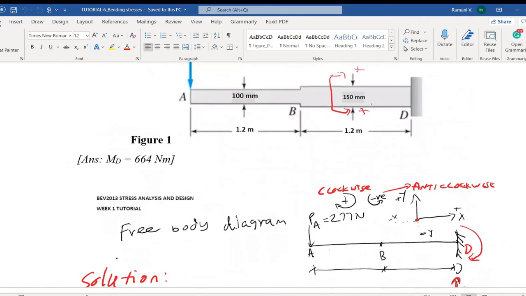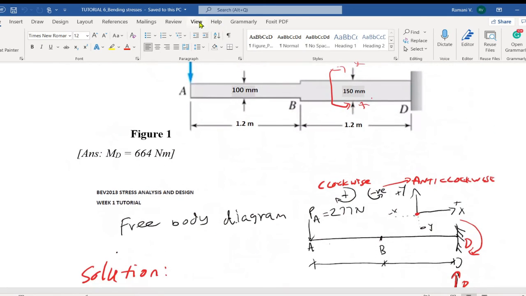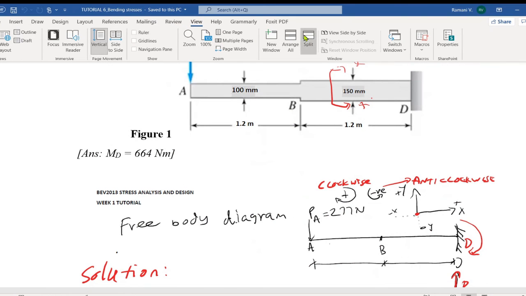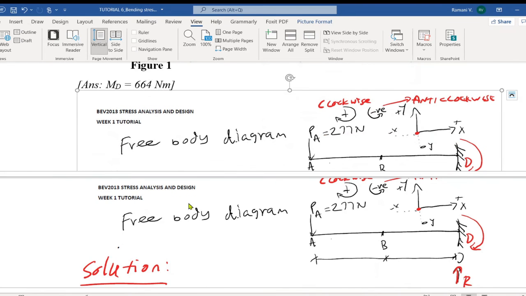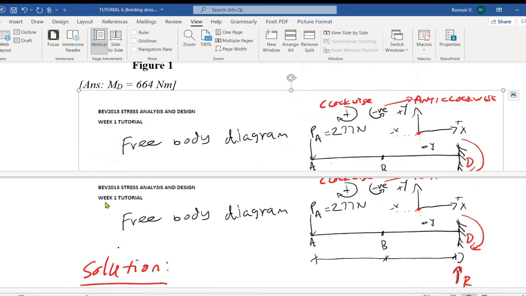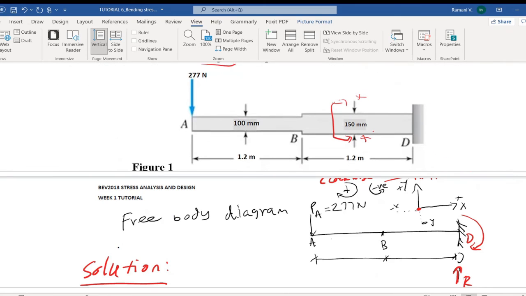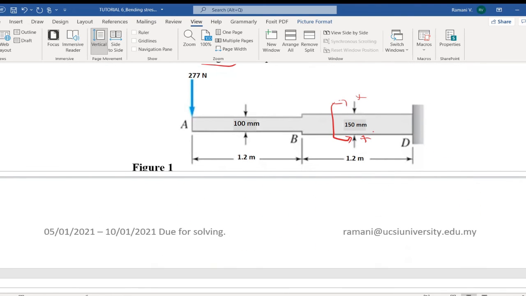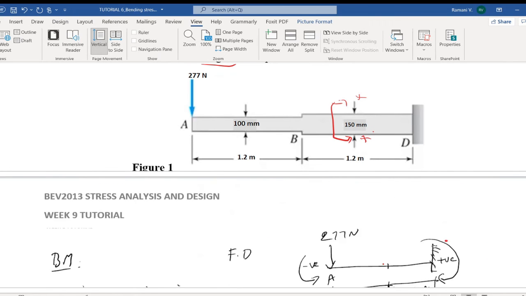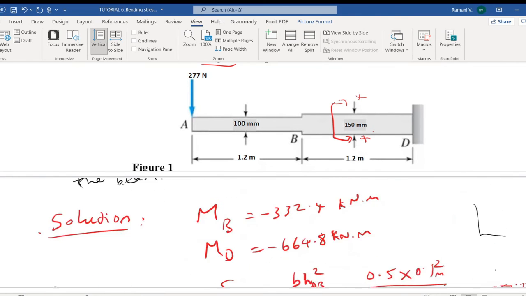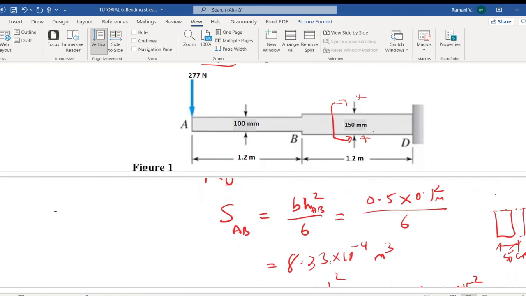So I just split and explain so that it is easy for you. If you can calculate the sectional modulus for number 1, you can make use of the equation related to sectional modulus. You can find the answer already.